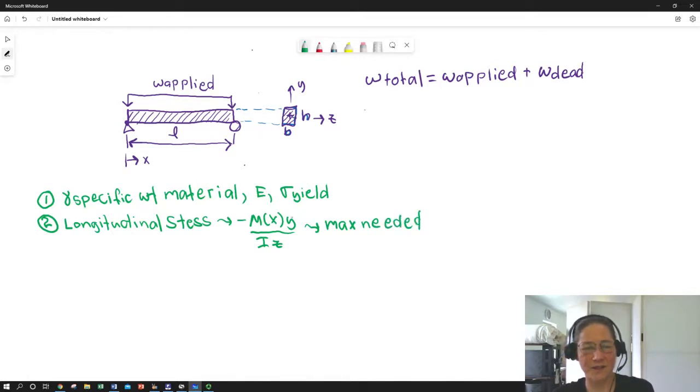From our discussions of longitudinal stress in beams, we know that that will occur at y equals the max distance, in this case from the neutral axis to the tensile surface, which will be the bottom of the beam because it's going to want to curve up, so our tensile side is the bottom.